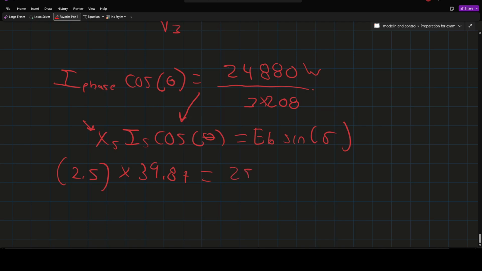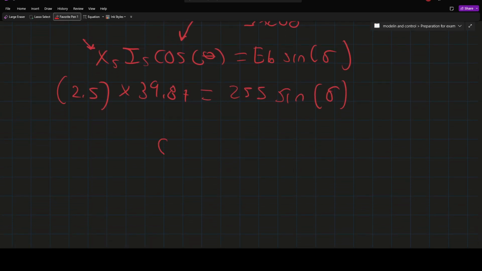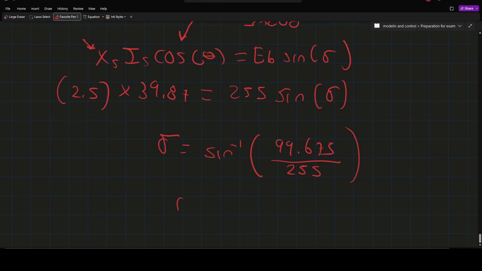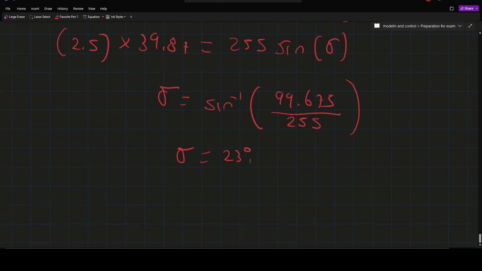We know that the magnitude did not change. So if we solve for the angle psi, it's going to be the inverse sine of 99.675 over 255, and we get an angle of 23 degrees.